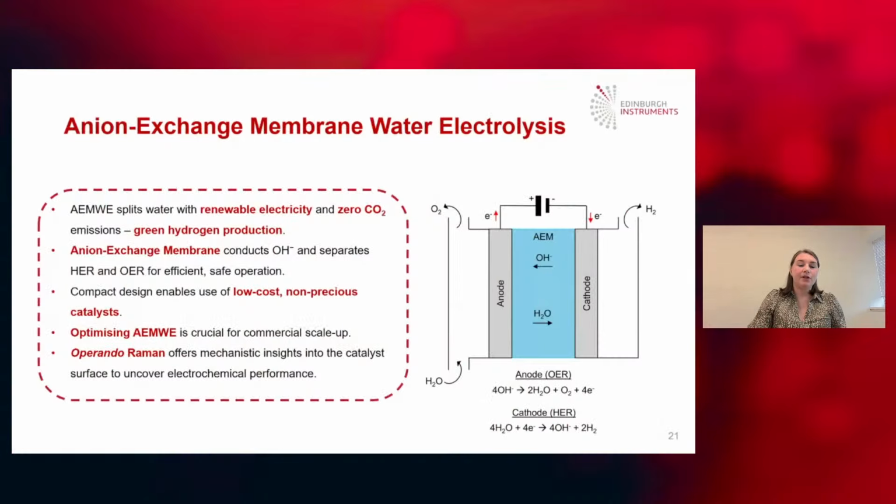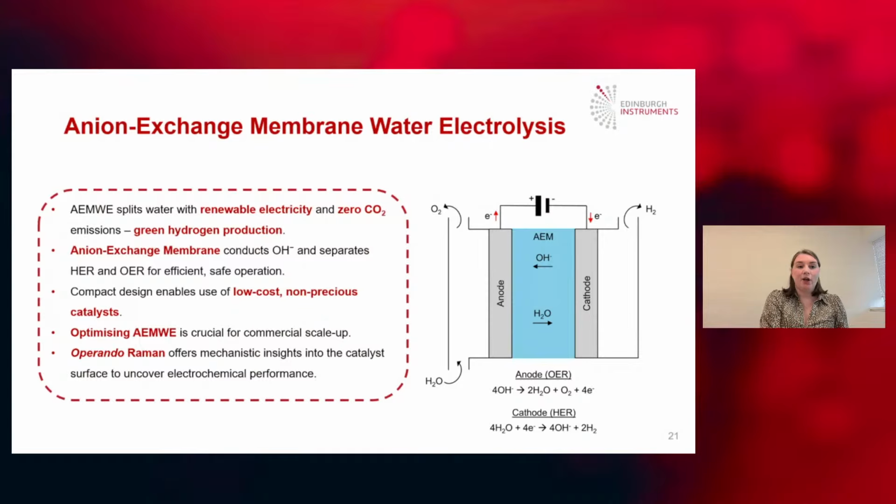To give a little bit of context, they were interested in an anion exchange membrane water electrolysis system. This is for green hydrogen production, which splits water using renewable electricity with 0 CO2 emission. The membrane conducts OH- ions and separates the hydrogen evolution reaction from the oxygen evolution reaction for efficient and safe operation.